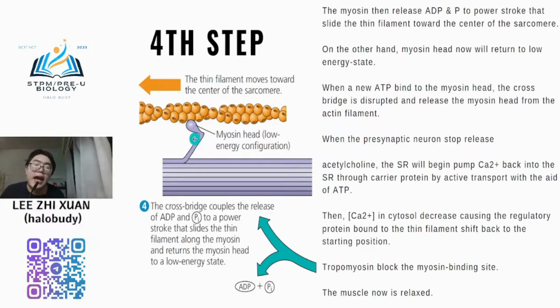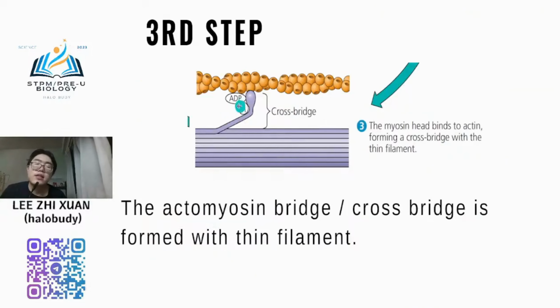After that, this myosin head will start to move the actin filament toward the center of the sarcomere. So the myosin will start to release the ADP and phosphate group to power stroke, sliding the thin filament toward the center of the sarcomere. You still remember, the myosin head hydrolyzes ATP to form ADP and phosphate group, but for now ADP still binds to the myosin head.